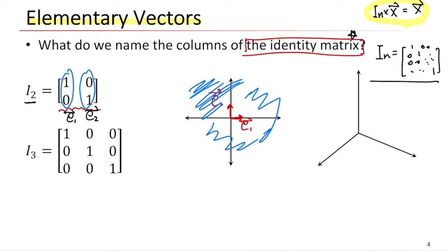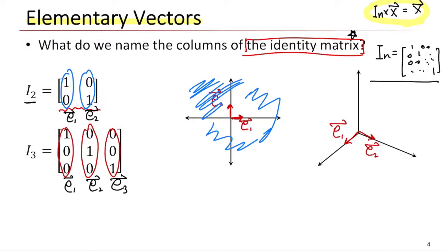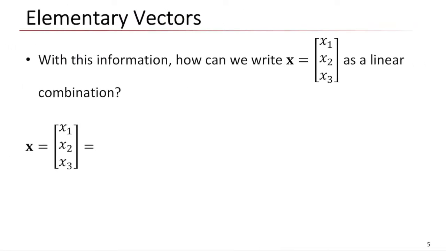What about I3? I3 also has three columns, so we can define E1, E2, E3, and it looks like this: E1, E2, and E3. This is the definition of the elementary vectors.